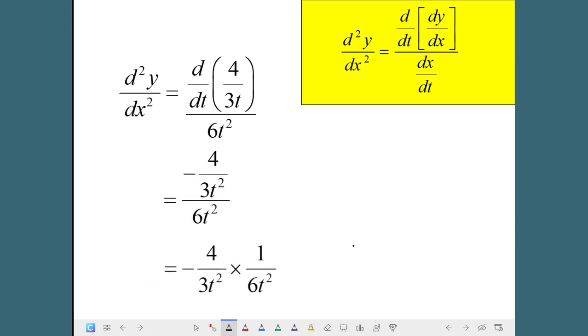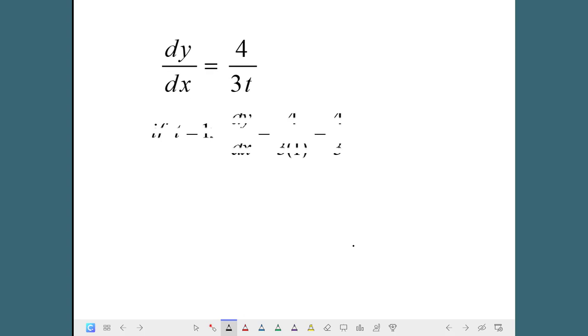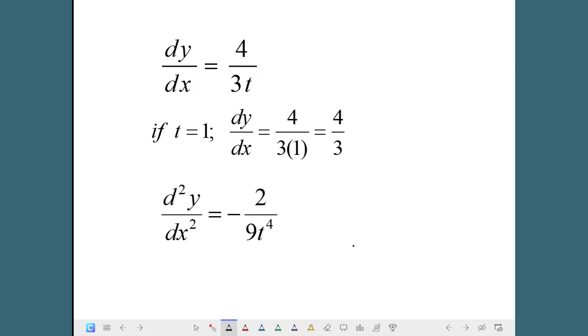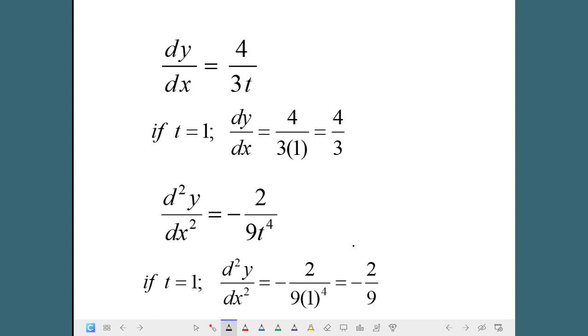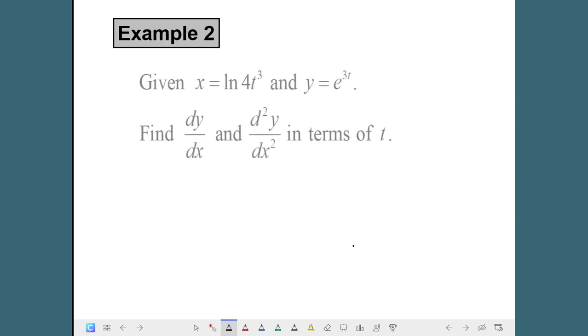Then simplify, get negative 2 over 9 to the power 4. Then substitute when t is equal to 1: dy/dx is equal to 4 over 3, and d2y/dx squared, substitute t equals 1, and the answer is negative 2 over 9.